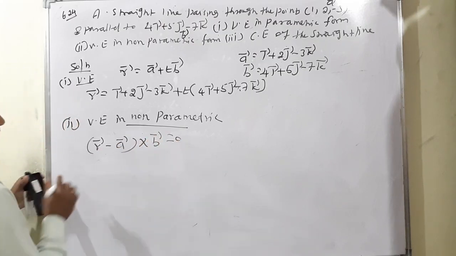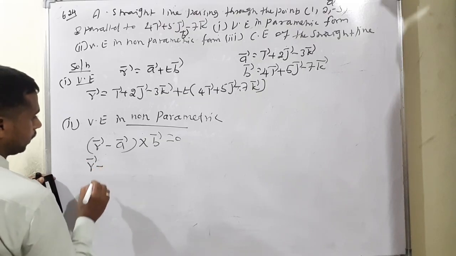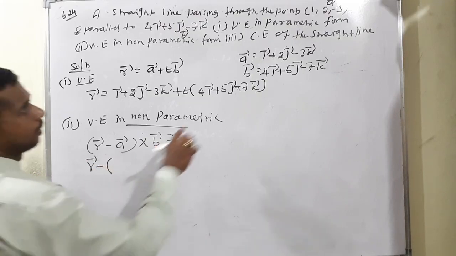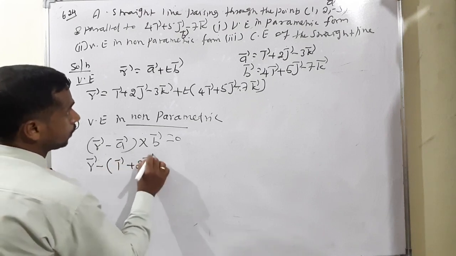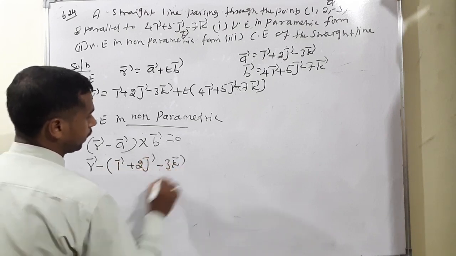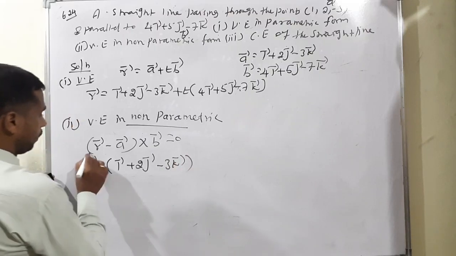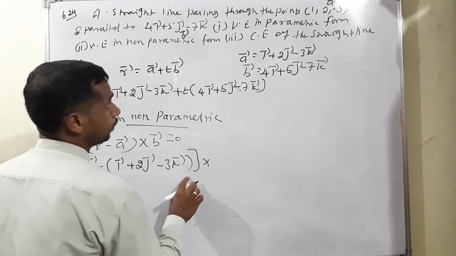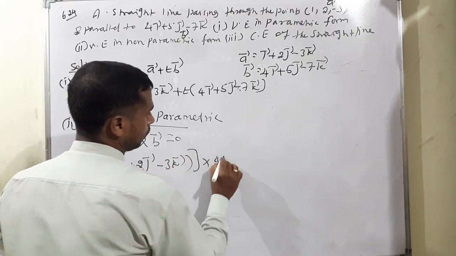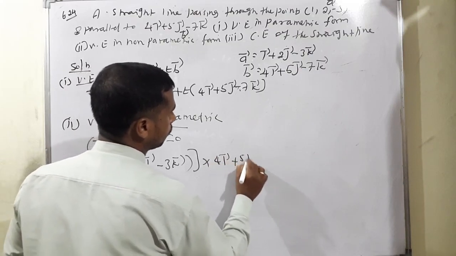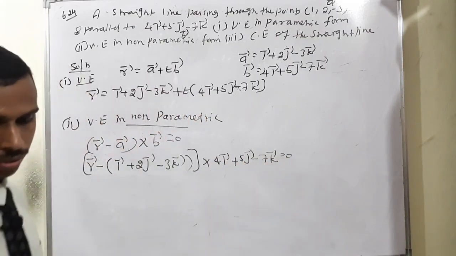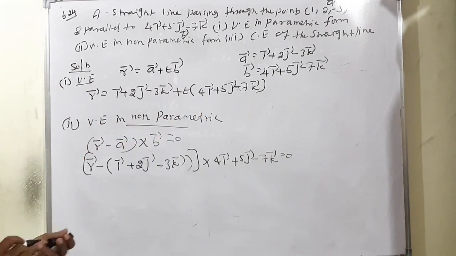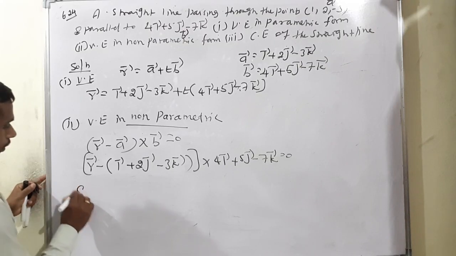Therefore, A vector, we already know, is i vector plus 2j vector minus 3k vector. Then cross B vector, which is 4i vector plus 5j vector minus 7k vector, is equal to 0. This is the non-parametric equation.